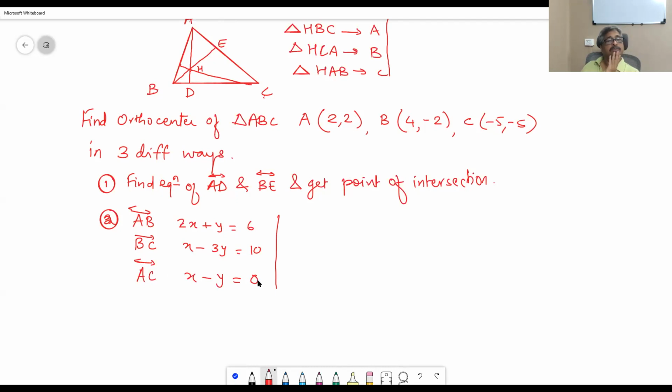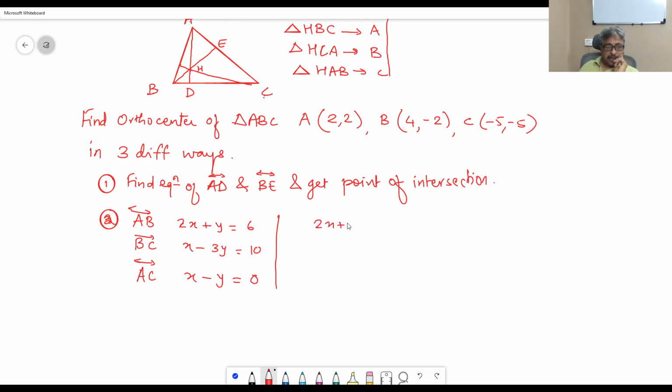Okay, so I am just trying to use L1 plus lambda L2. So AB is a line and AC is another line.